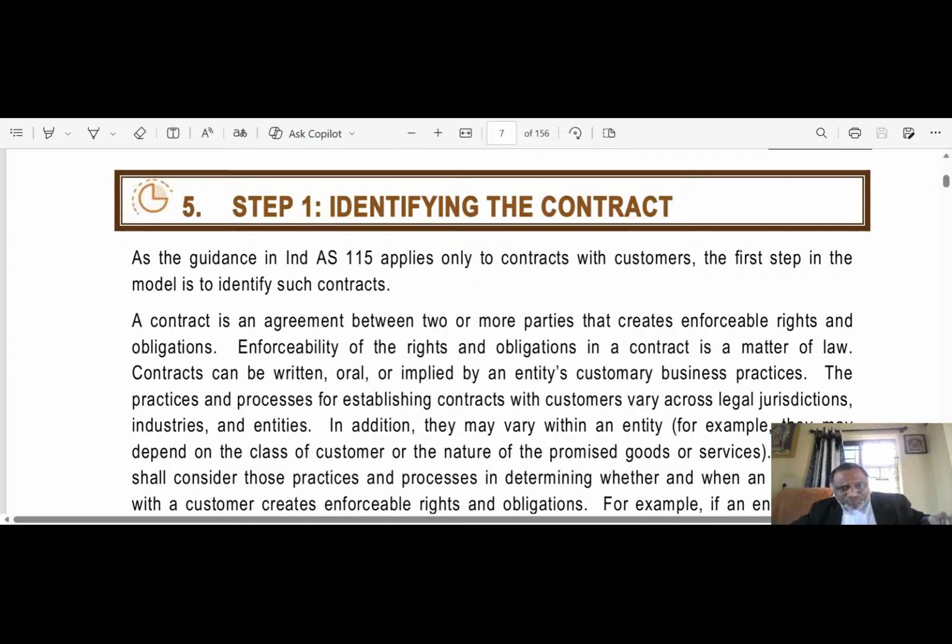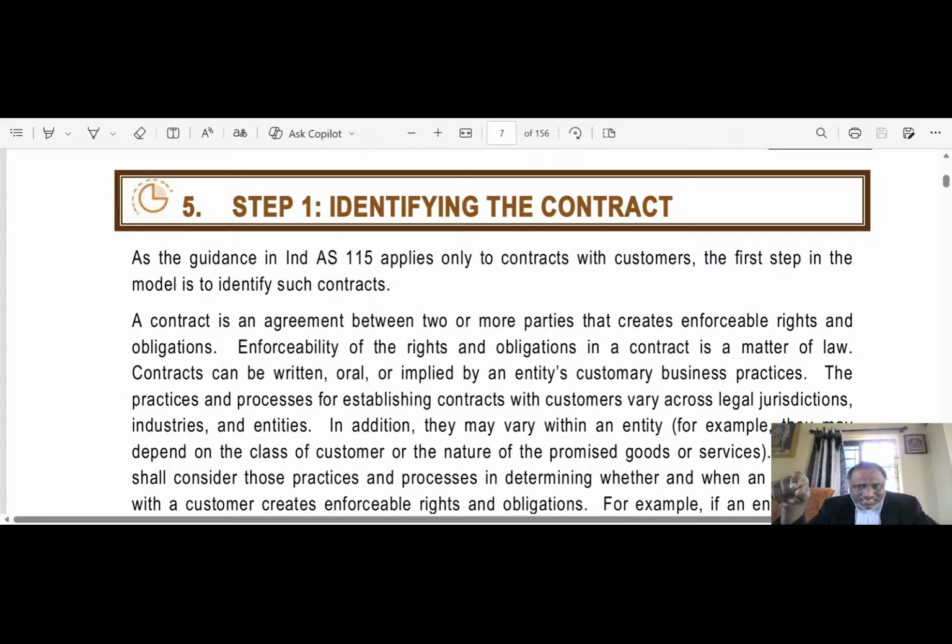The practices and processes for establishing contracts with customers vary across legal jurisdictions, and in addition, they may vary within an entity. For example, they may depend on the class of customer or the nature of the promised goods or services.